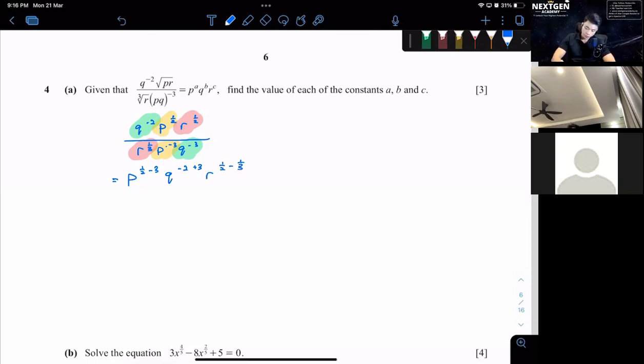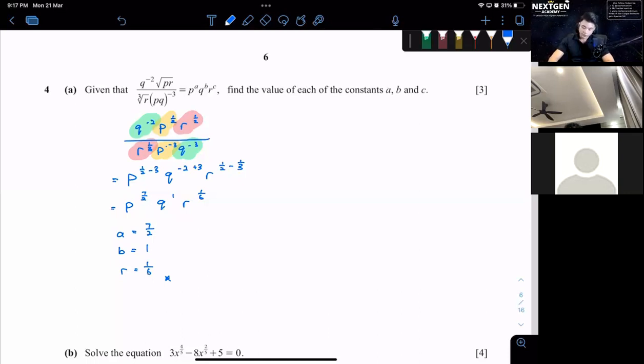Okay, we will get P to the 7/2, Q to the 1, R to the 1/6. So A is 7/2. If you want to write it down, A equals 7/2, B equals 1, C equals 1/6. Okay, 3-mark question.